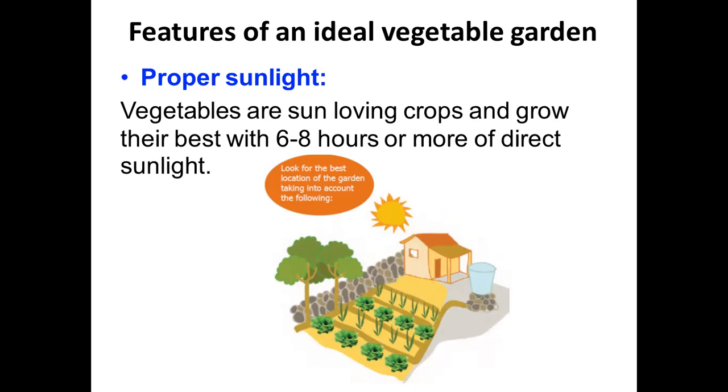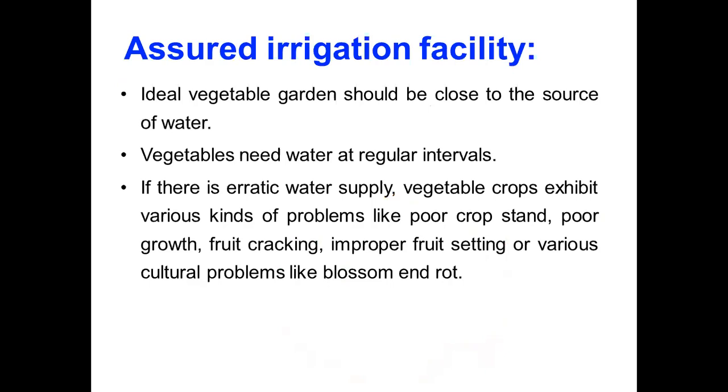They need that. You may recall when we were looking at plant physiology, we talked about sunlight and why sunlight is important. So the exposure of these vegetables to enough sunlight is of paramount importance.